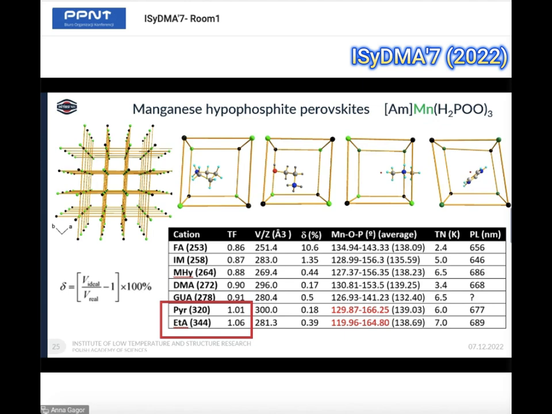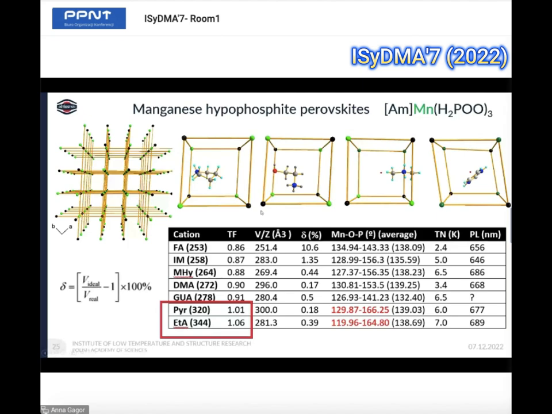So you can see here again the topology of these materials, as well as the placement of the amines in the cavities.